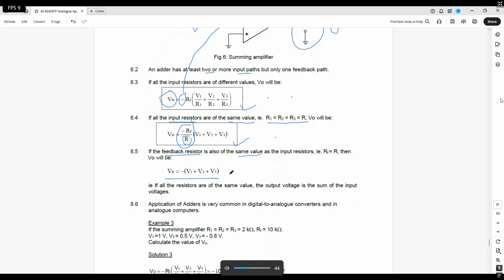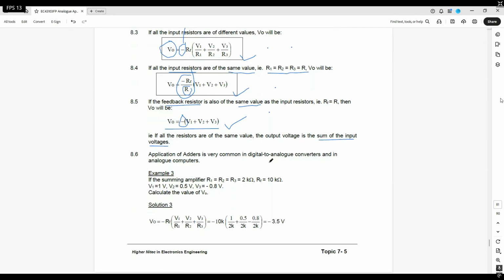If all the resistors, including the feedback resistor, are the same, then your output is a very straightforward answer, just V1 plus V2 plus V3. Don't forget the negative sign is still there, it doesn't change. So it's just the sum of the input voltages. That's why they wrote here. All right, can we move on?